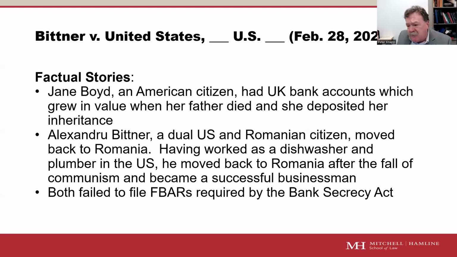But after the fall of communism, he moves back to Romania and starts a business that becomes very successful. And he deposits the money he makes from those businesses in bank accounts in Romania and other places in Europe, probably completely unaware that because he's still a dual citizen, the United States government is interested in those bank accounts and deposits he's made.